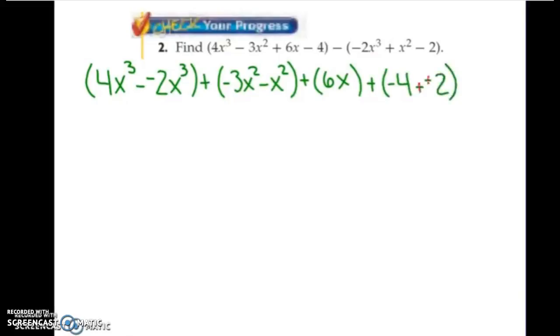I'm going to make my double negatives into pluses, and then I'm going to start simplifying this out. I start with 6x to the third plus negative 4x squared plus 6x plus negative 2.